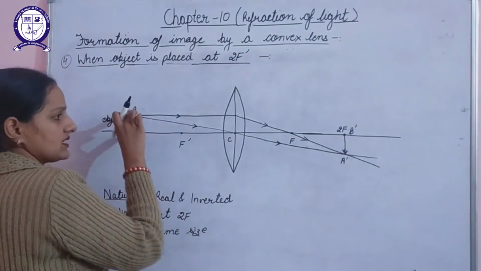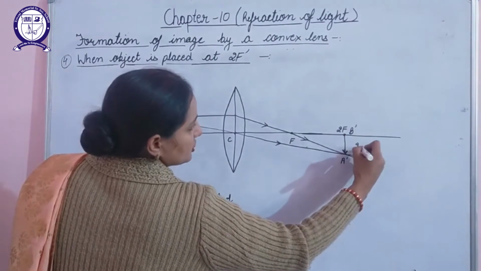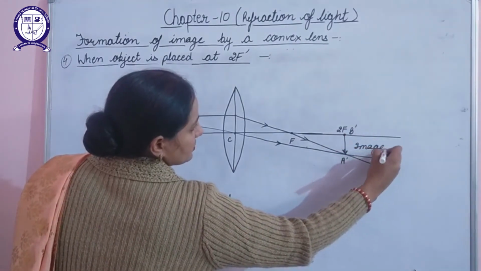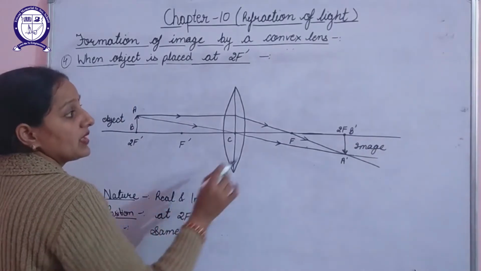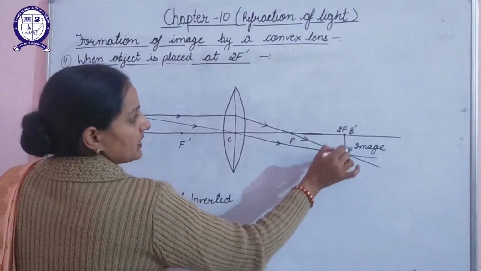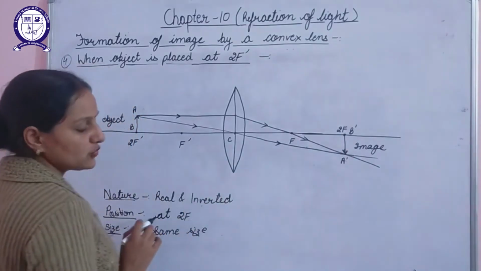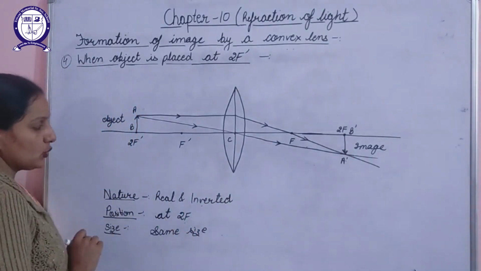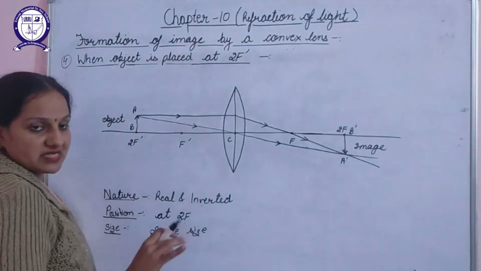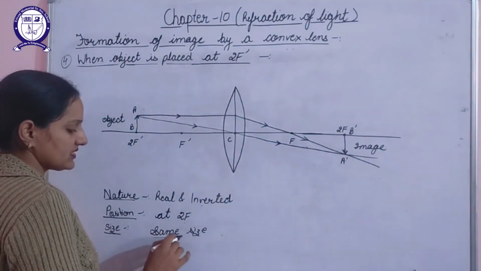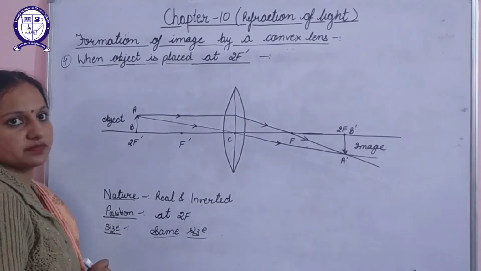If the object is AB, so image will be A dash B dash. So here the rays of light are actually meeting, so the nature of image will be real and inverted. Position of image, as the image A dash B dash is formed at point 2f, so its position will be 2f. If we compare the size of object and image, that appears to be same, so the size of image will be same as that of object.